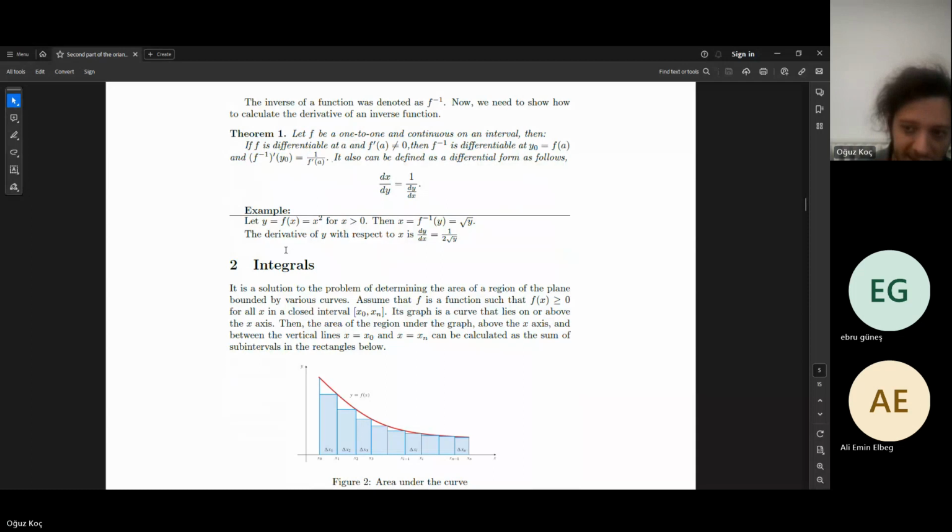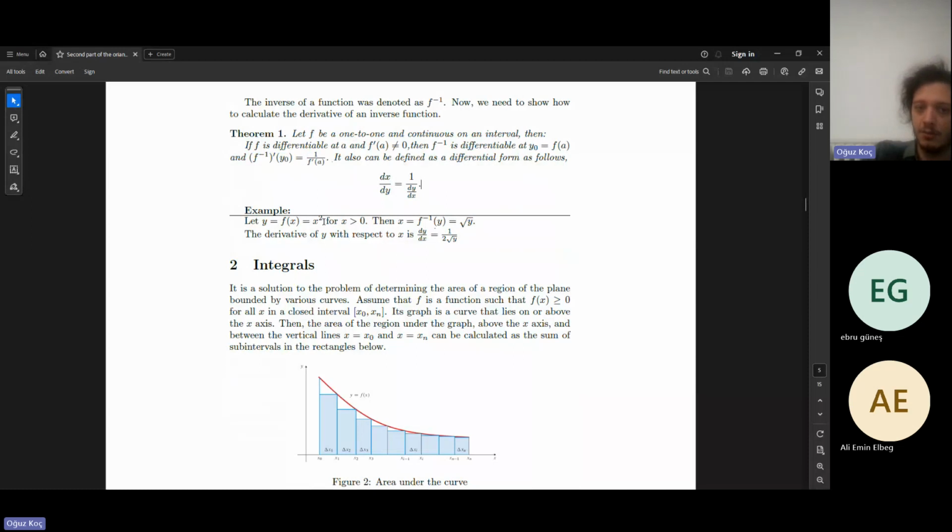And we have an example here. In the example, y is equal to f of x, which is equal to x squared, where x is greater than 0. Then x is equal to the inverse, and we get the square root of y.